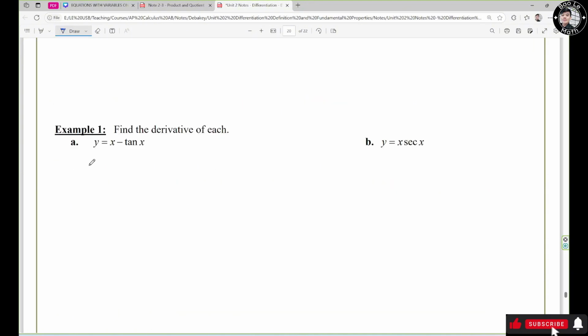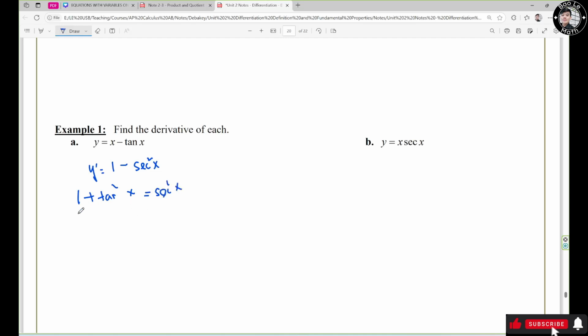So y prime equals the derivative of x, which equals 1, minus the derivative of tangent x, which is secant squared of x, right? Now you can leave the answer like this, or if you see different answers in the answer choices, you could use the formula 1 plus tangent squared of x equals secant squared of x.